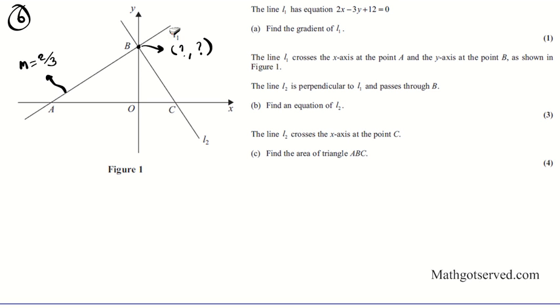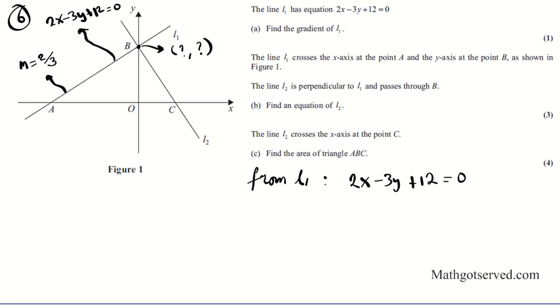To do that, I'll utilize the fact that the equation of L1 is 2x minus 3y plus 12 equals 0. I need to find the y-intercept, because at the y-intercept my x-coordinate is 0.